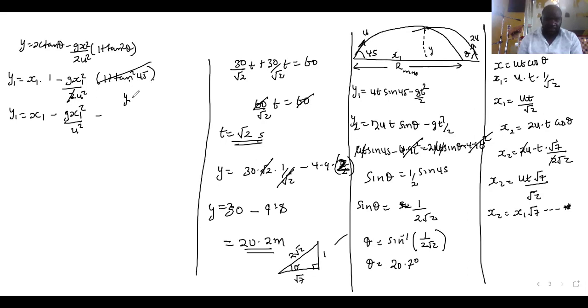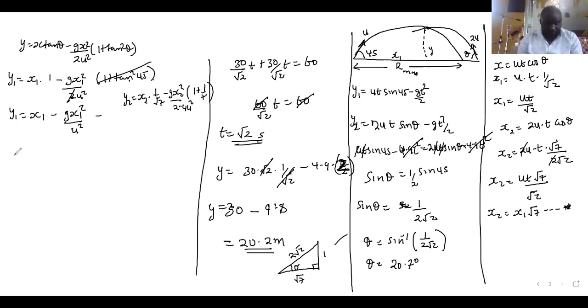So y2 will be equal to x2 times 1 over root 7 minus g of x2 squared divided by 2 times 4u squared into 1 plus 1 out of 7.